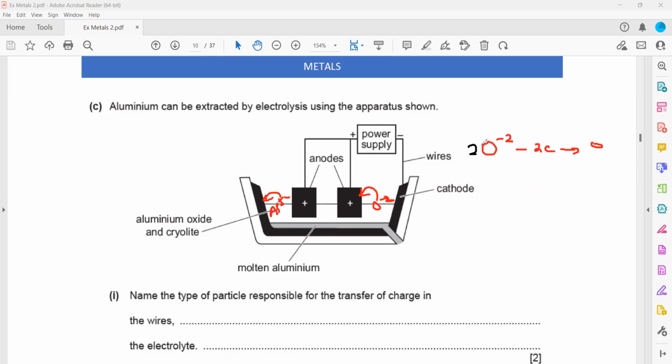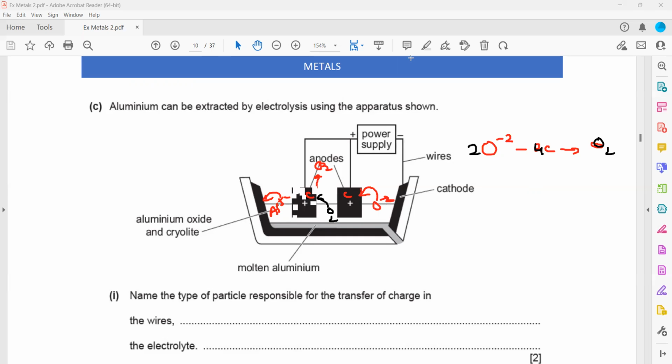But when 2 oxide ions are there, they will lose 4 electrons and form oxygen gas. This oxygen gas will react with carbon because the anode and cathode are made from carbon, and it will form carbon dioxide. So the size of the anode will start to decrease because the carbon is reacting with oxygen.